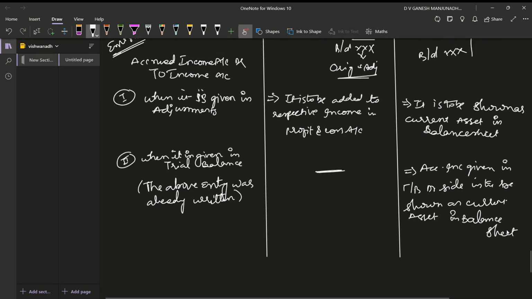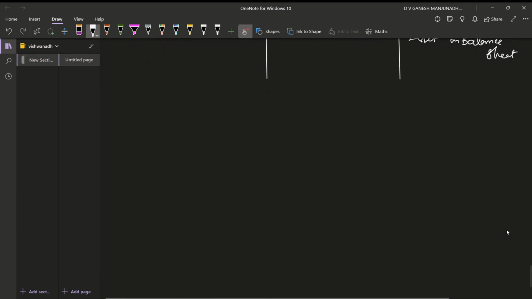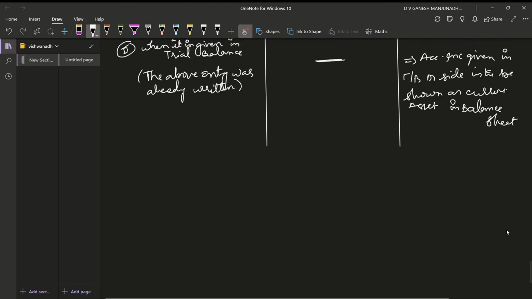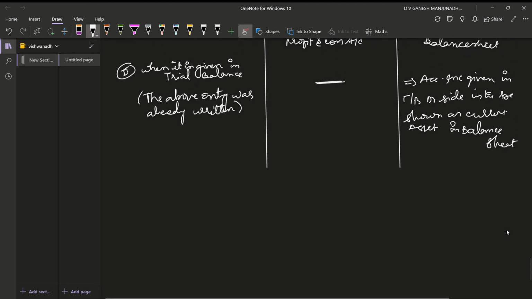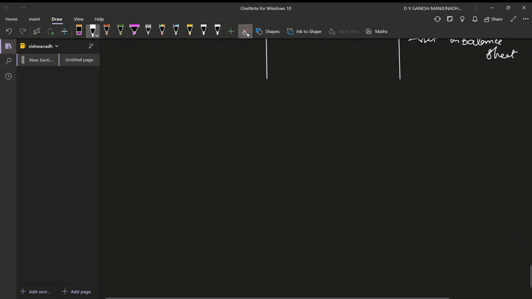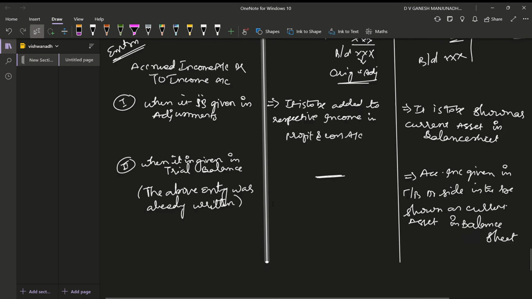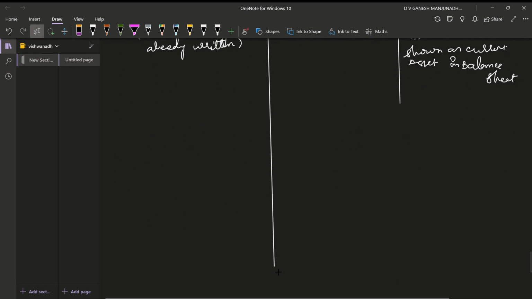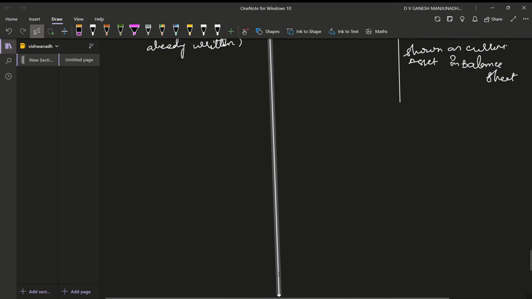So this is the third adjustment, and we shall discuss one more adjustment for today, and the remaining adjustments in the next video and next class. The first four adjustments are very simple.